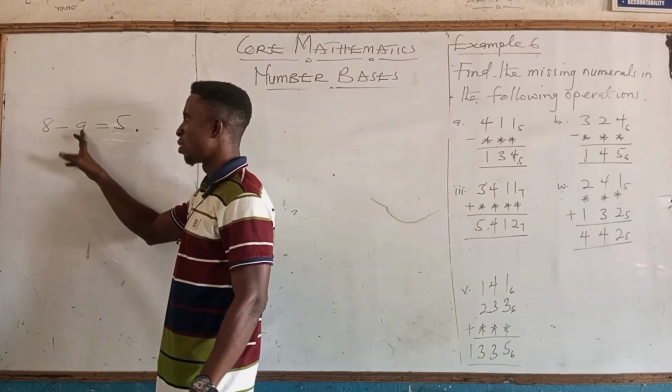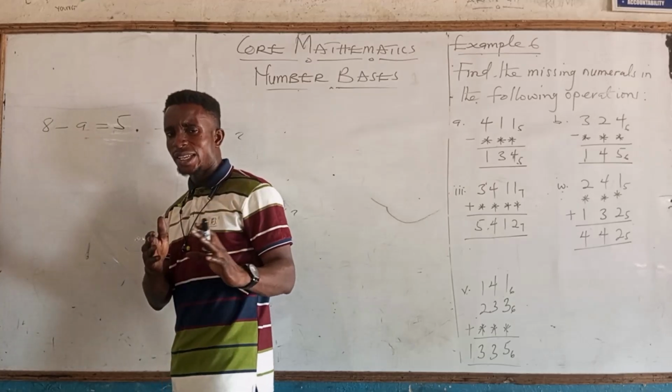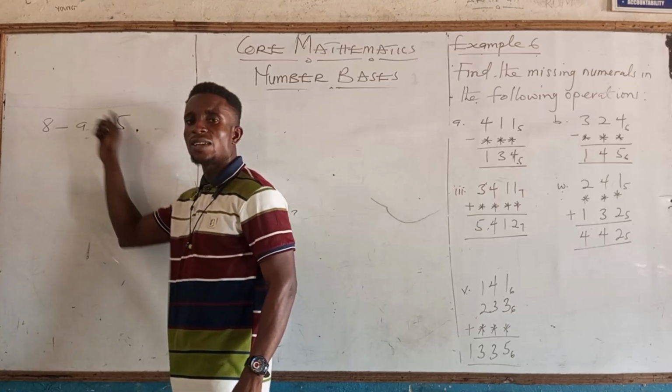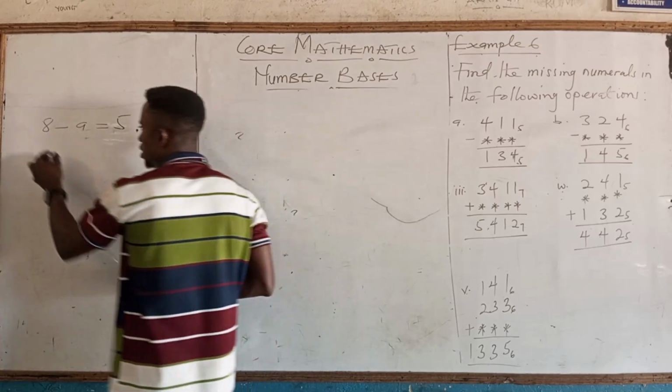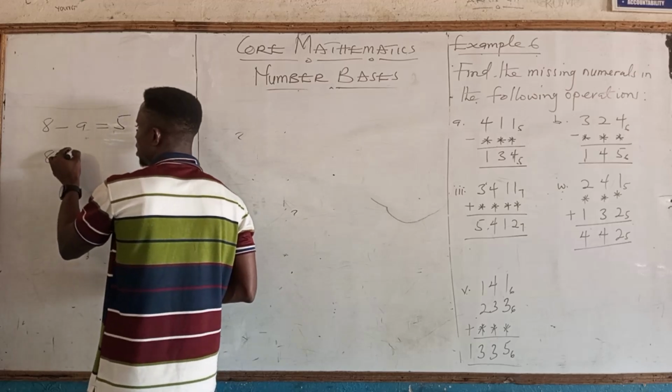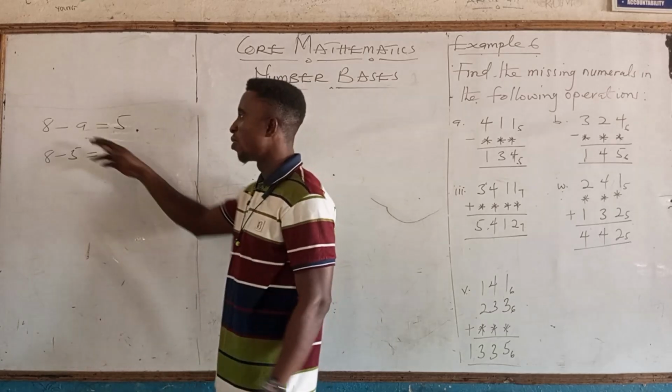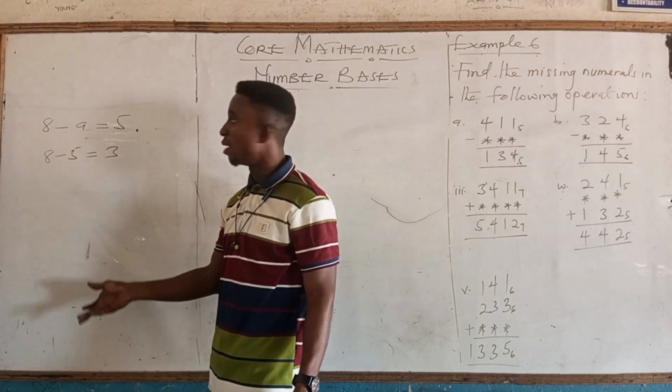So 8 minus what number will get me 5? I hope you are saying 3. How did you do that? You took the 8 and you subtracted the answer from it and you had 3, right? So you are saying A is 3.